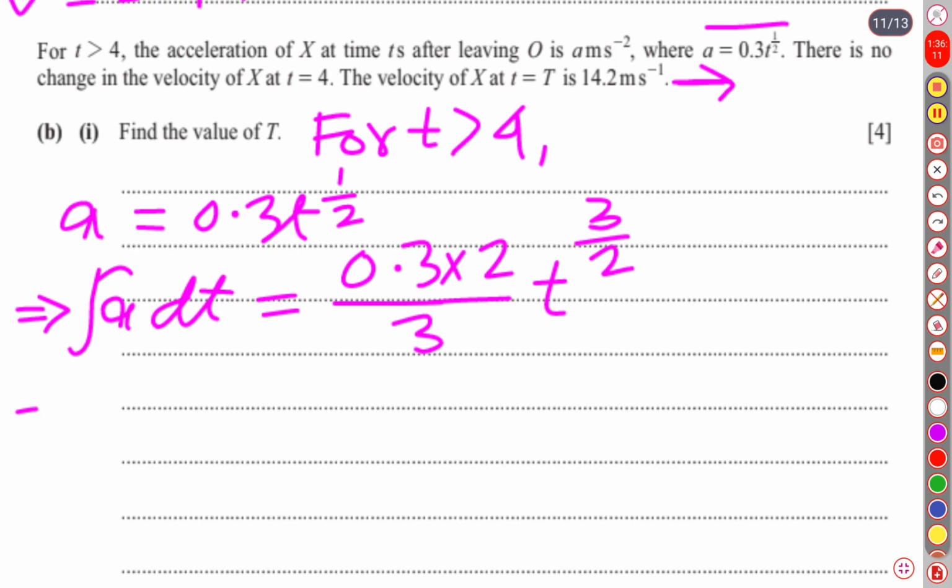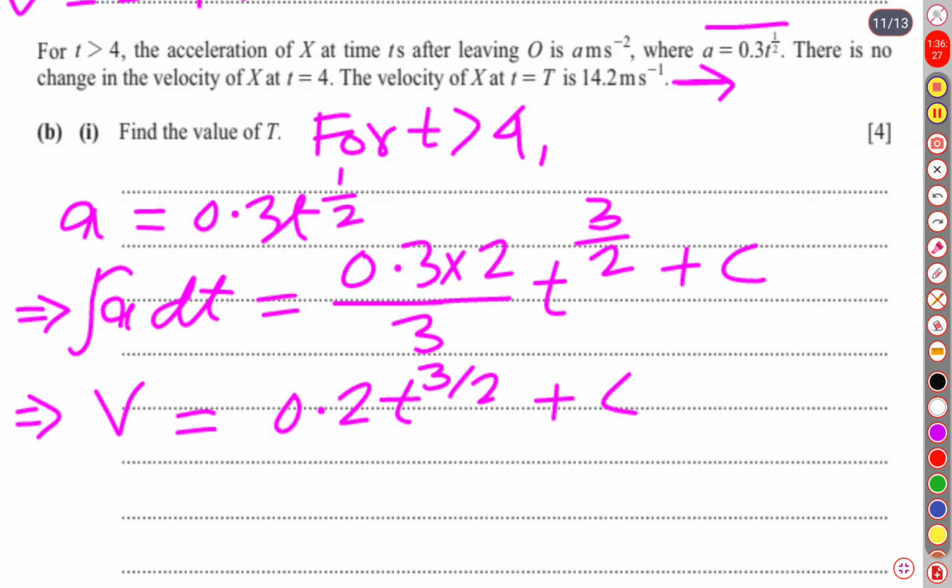Well, then the integral of acceleration is velocity, so velocity is going to be 0.2t raised to 3 over 2, and here we forgot to add the constant: 0.2t^(3/2) + constant.